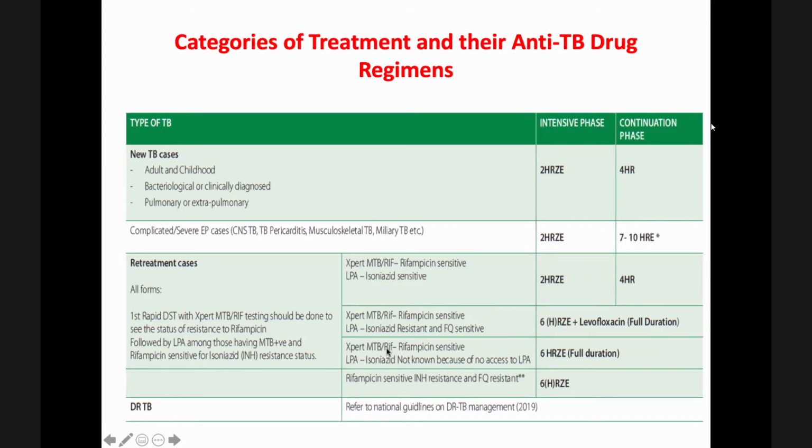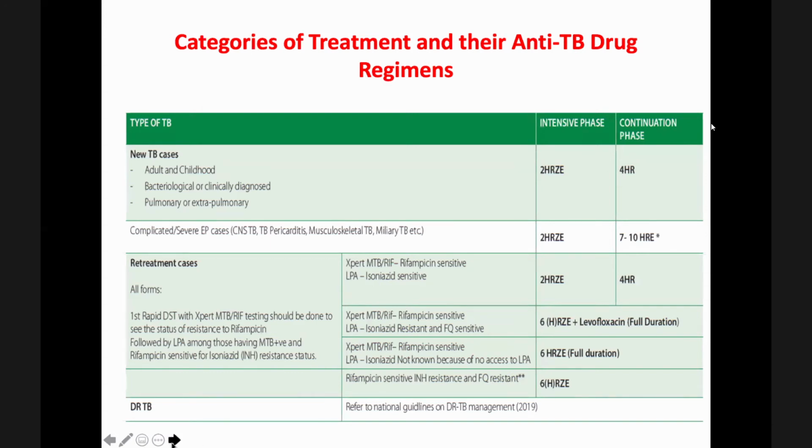And then for Xpert MTB rifampicin sensitive with LPA isoniazid not known because of no access to LPA, in that case you are going to use the 6 months full duration of HRZE. For rifampicin sensitive, isoniazid resistance and fluoroquinolone resistance, you can use 6 months of RZE. So this is the guideline for any retreatment cases and the new TB cases. And for drug resistant TB, I'll come to that in the coming slides.